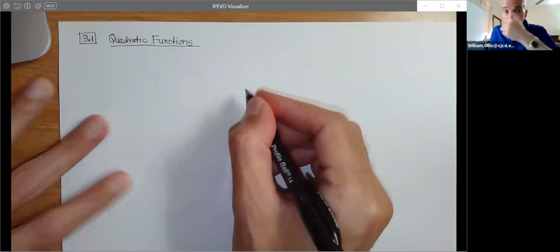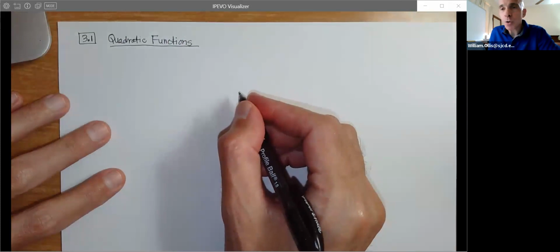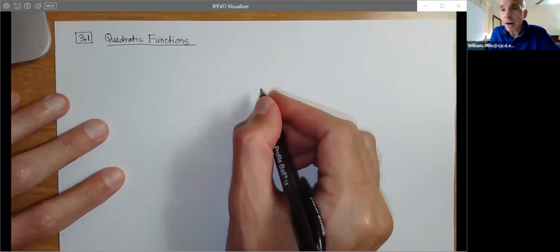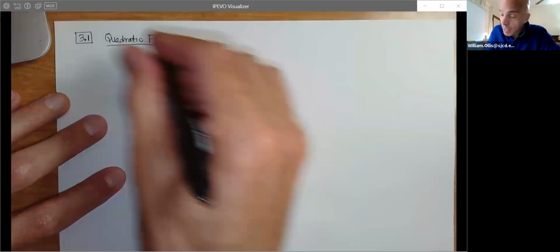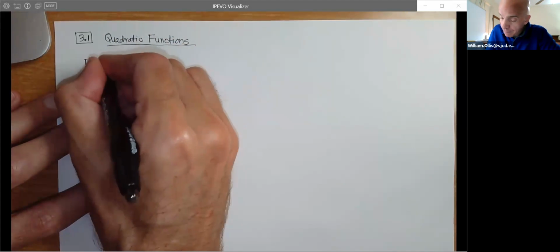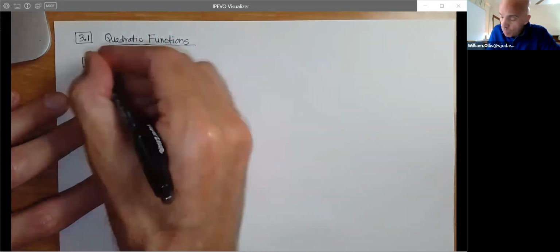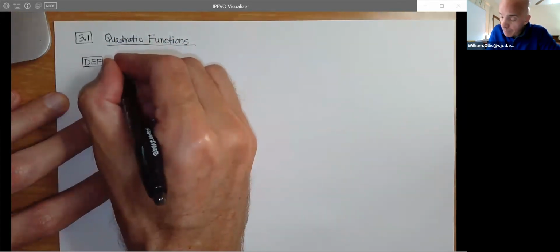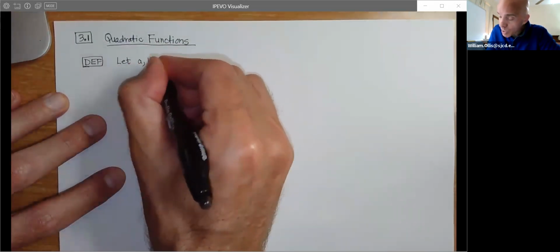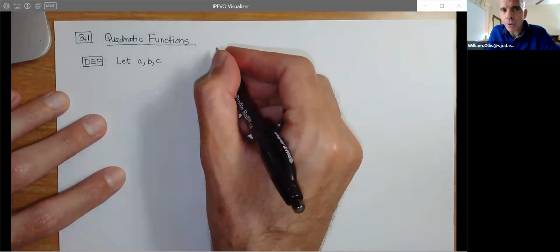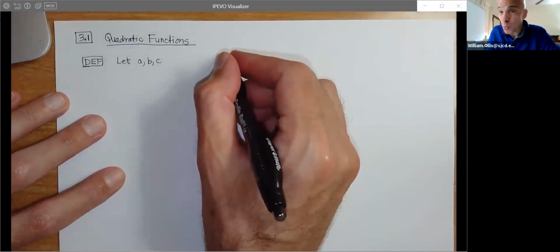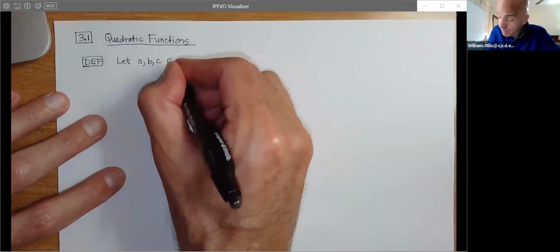Now, this should remind you of the terminology that we used with the quadratic equation. So the definition will be this. We will let A, B, and C be real numbers. We're just going to basically right now look at quadratic functions that have real coefficients, that is real polynomials like this.